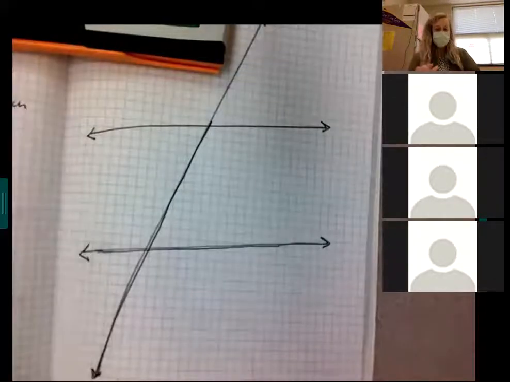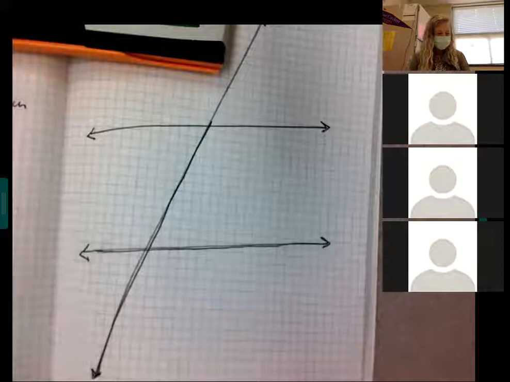So while you're drawing this, we are about to learn about 6 different types of angles. Very exciting. Okay, we're using it with a big picture.